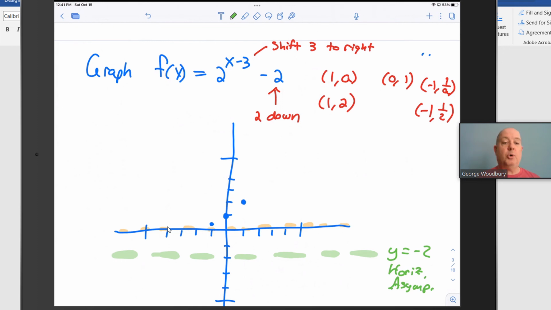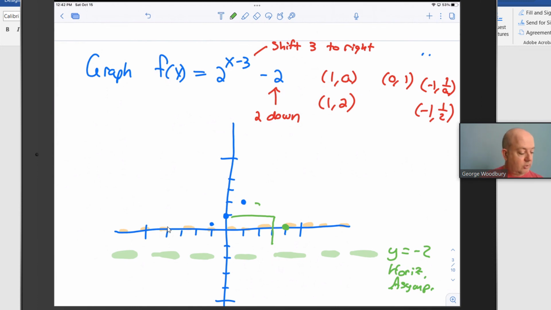So starting with the point 1, comma 2, if I go 3 to the right and down 2, I'm going to end up at 4, comma 0. 0, 1, 3 to the right, down 2 will get us to 3, negative 1.